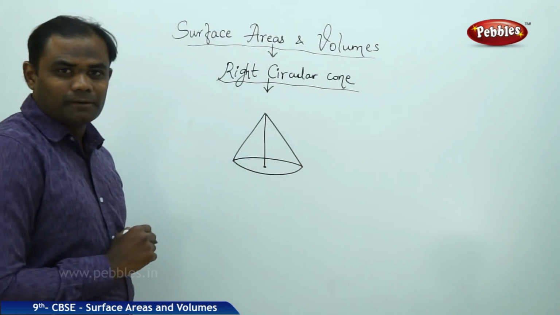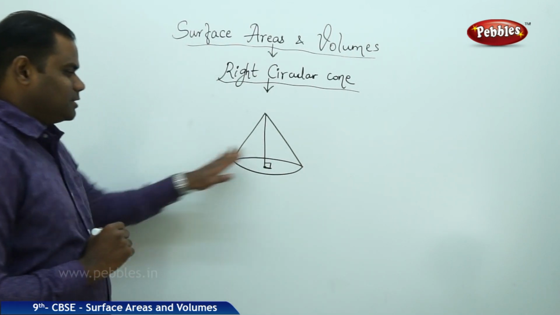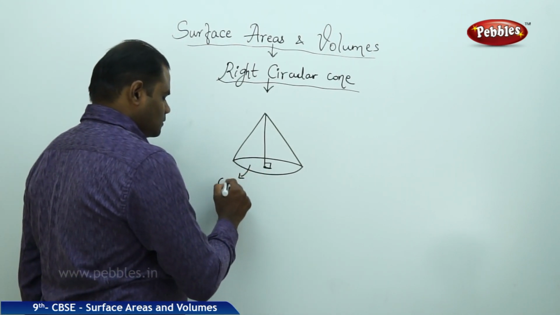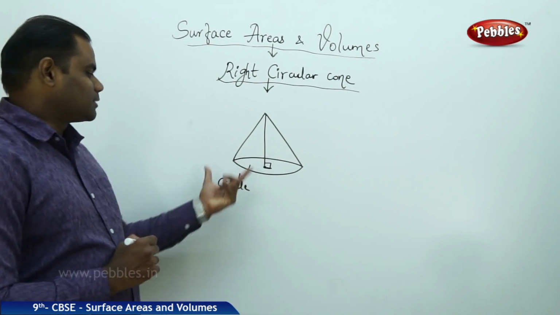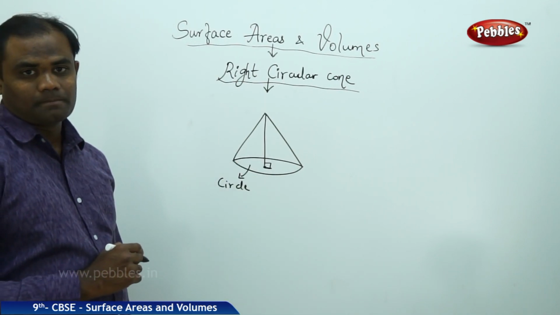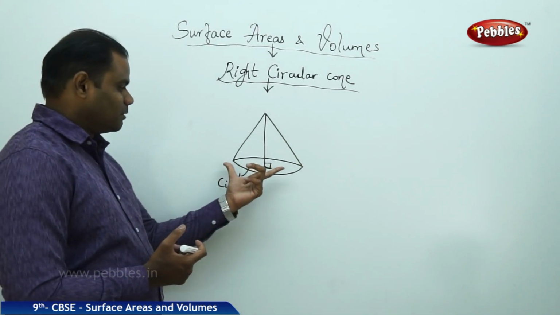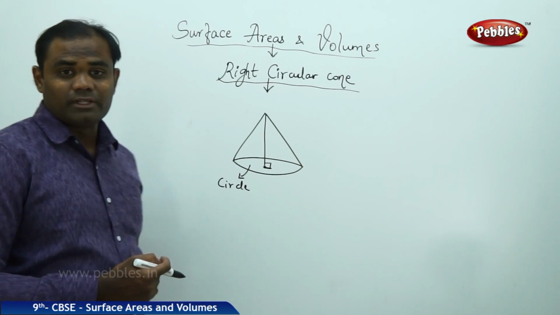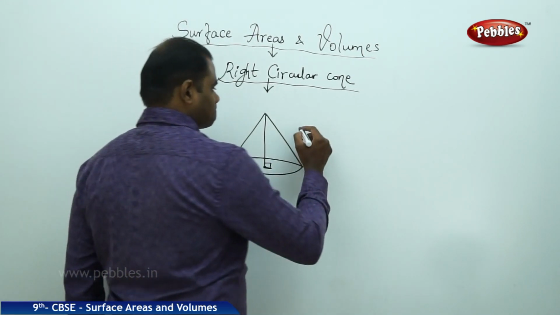A cone which is exactly 90 degrees with the base, and the base being a circle, are the two important points which make a right circular cone. So a cone whose base is a circle, and if the base is perpendicular to the height of the cone, then we say such a cone is a right circular cone.